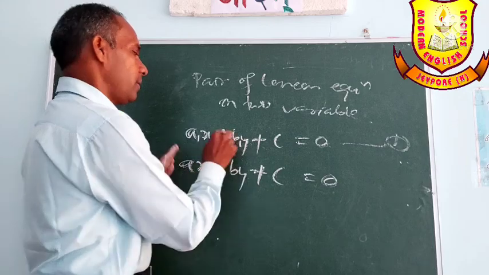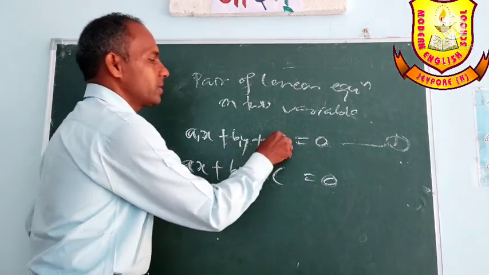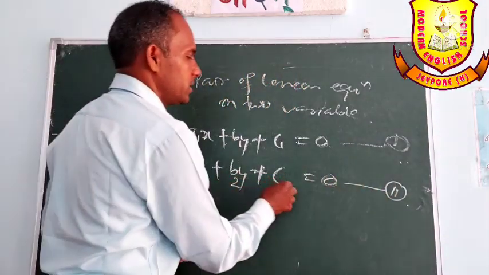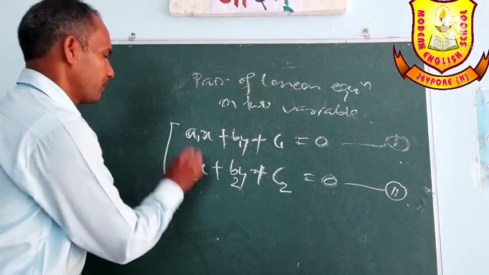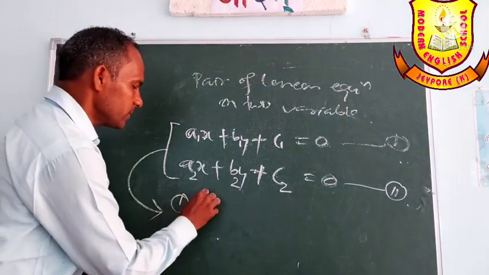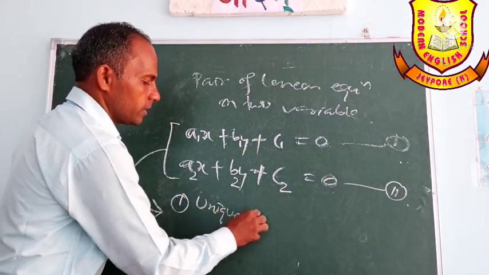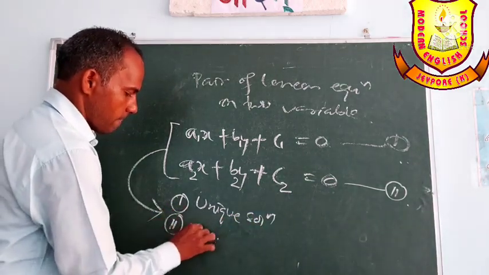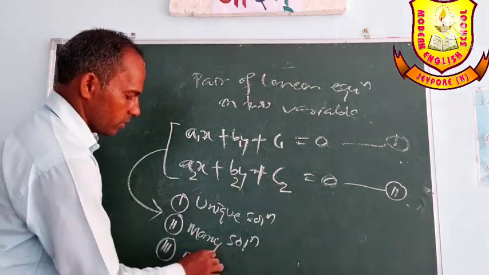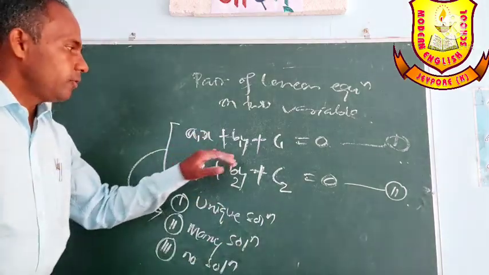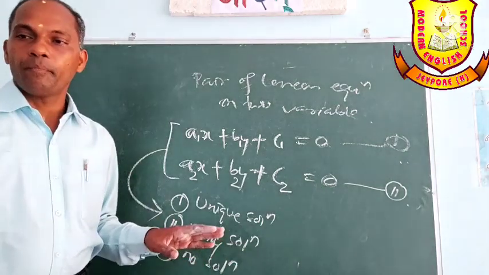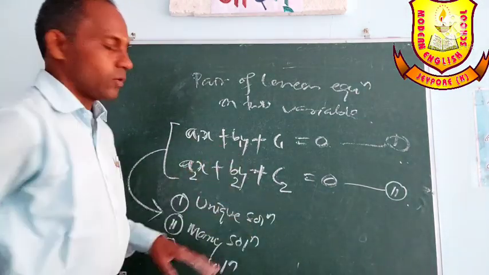In the second equation, we will make it A2, B2, and C2. Here, just as an extra thing, they may have a unique solution, or many solutions, or no solution, according to the coefficients.